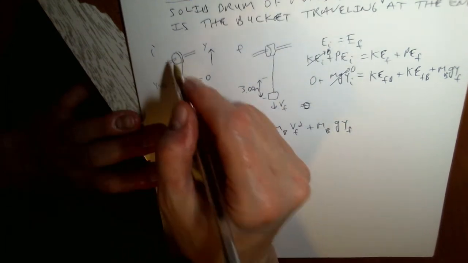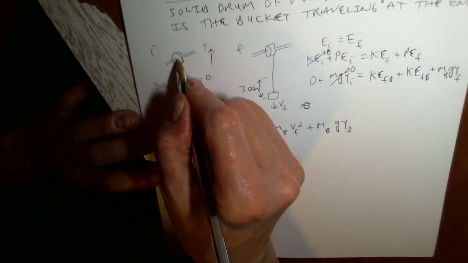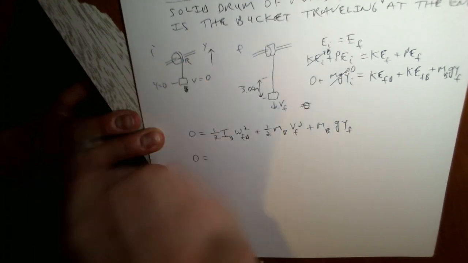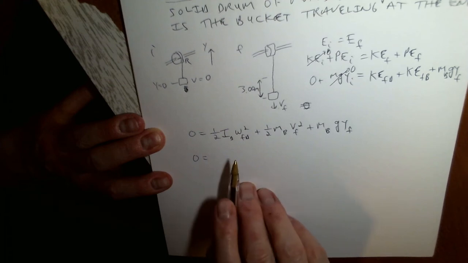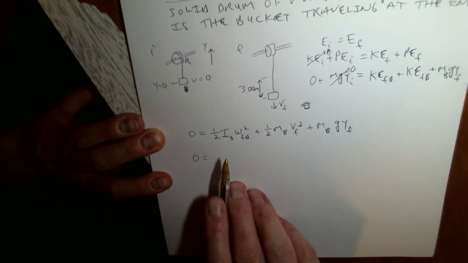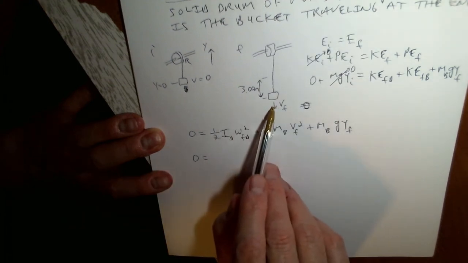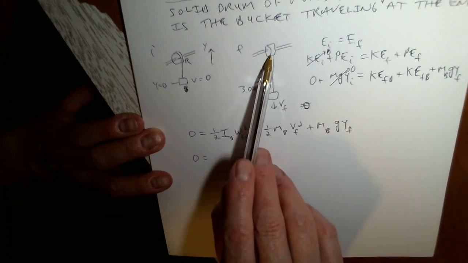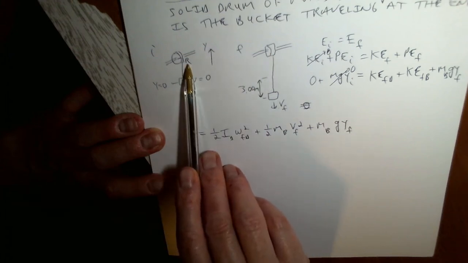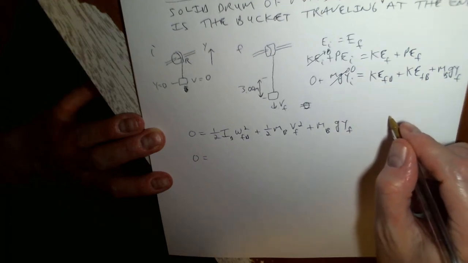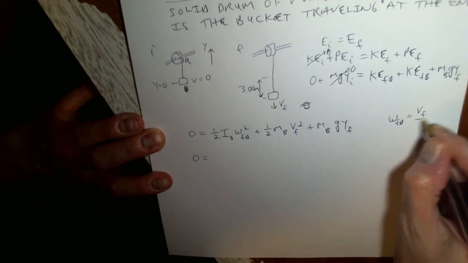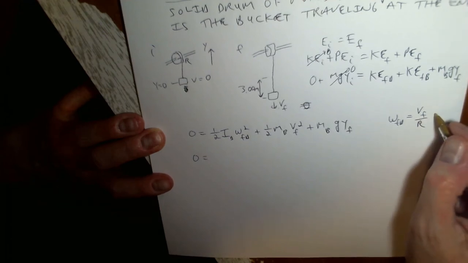Because that's the case, if I call the radius of this drum r, then the unwinding without slipping condition is saying that the linear velocity of the bucket is related to the angular velocity of the drum by this radius r. So the omega final of the drum is going to be v final over r because there's no slipping.